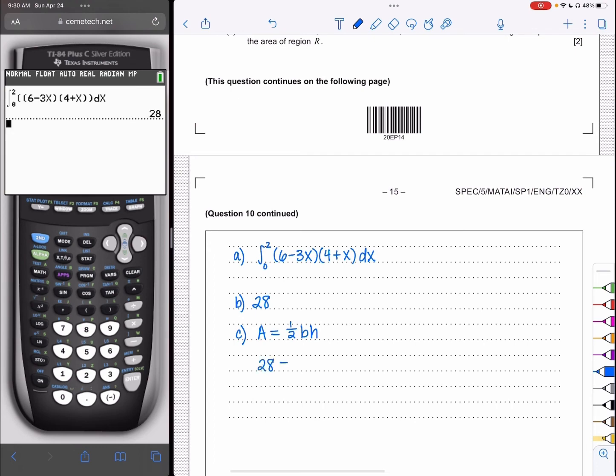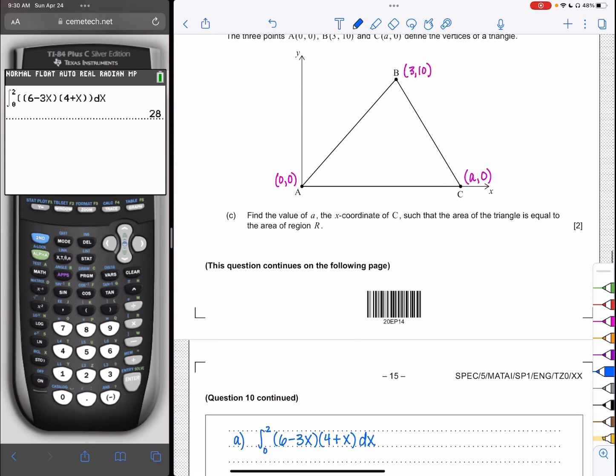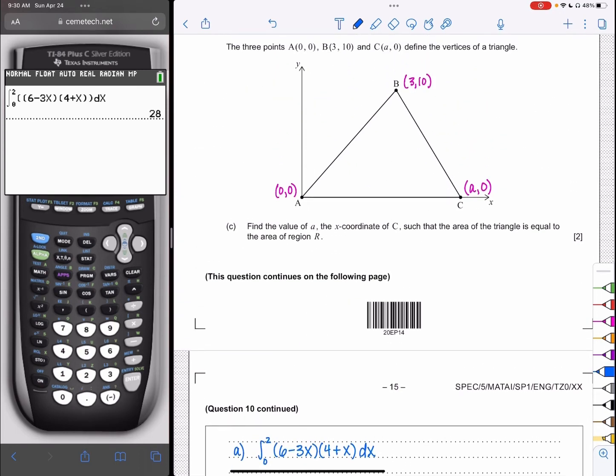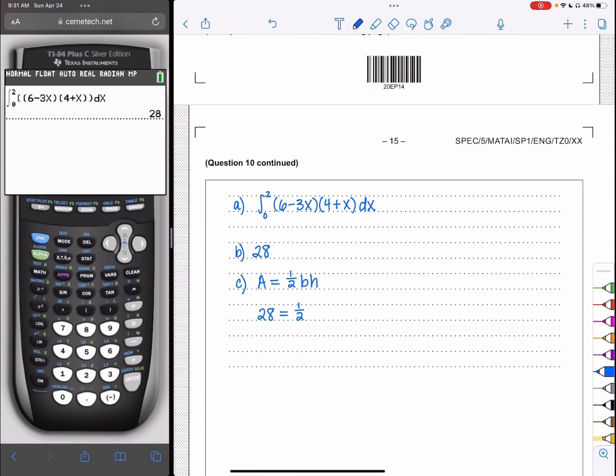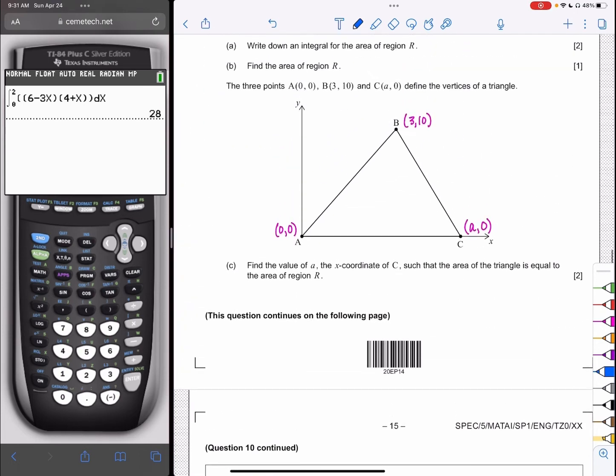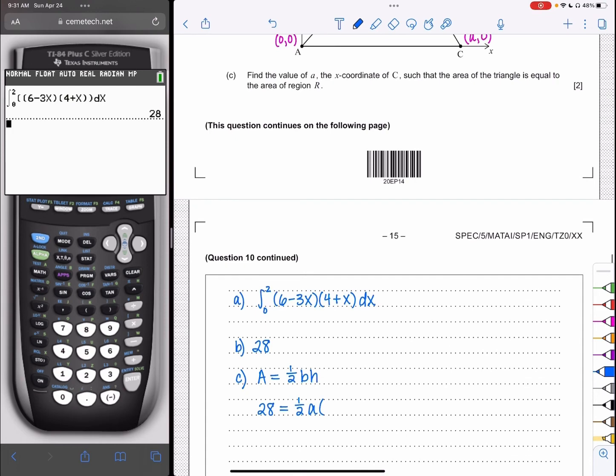So that's going to be 28 equals 1/2 times the base. The base is how long the bottom part is. So basically, I'm going from 0 to A. So the difference between 0 and A is A. So that A is going to be my base here. So that's going to be times A times the height. And the height is going to be how high it goes, which is 10.